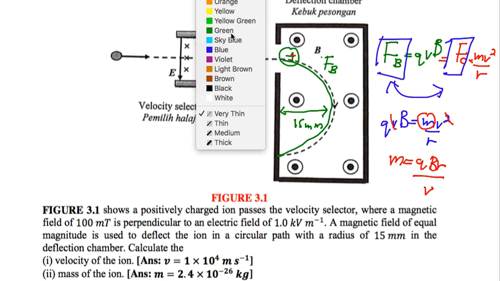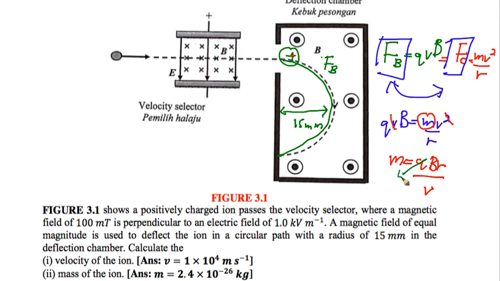Put in the value of Q, the charge of a proton, 1.6 times 10 to the minus 19, and the speed here comes from the answer to number 1, the speed of the particle charge, 1 times 10 to the 4 meters per second.